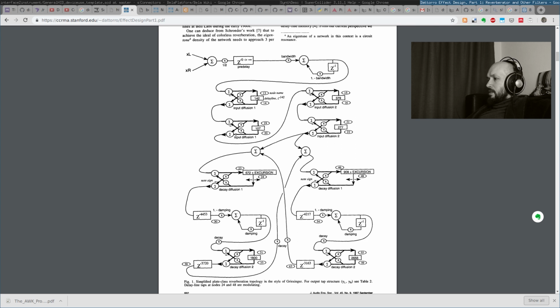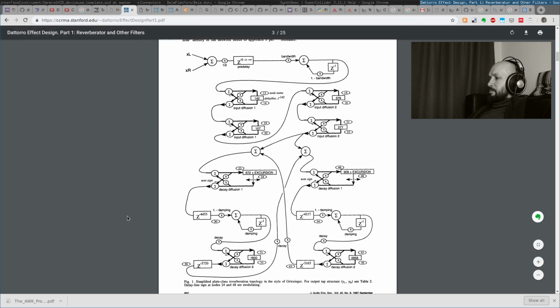So one knob controls 2 filters, and the same goes here: input diffusion 2 controls these 2 guys. The delay times are in samples, and the sample rate is said to be around 30 kilohertz. So, the reverberation tank.